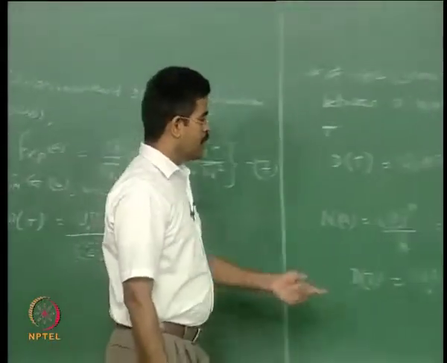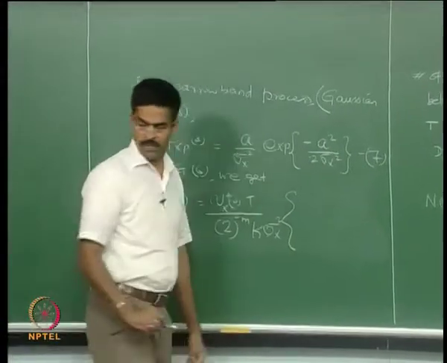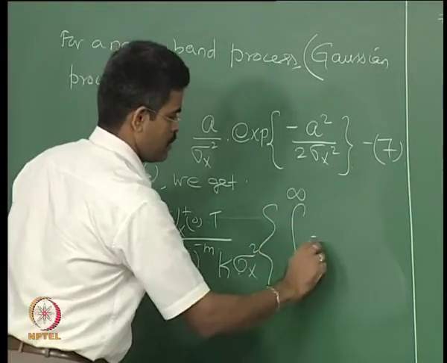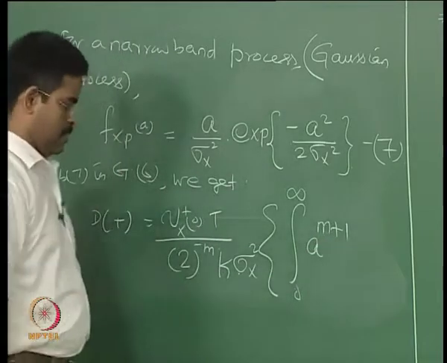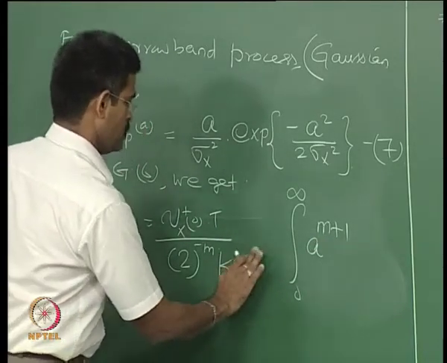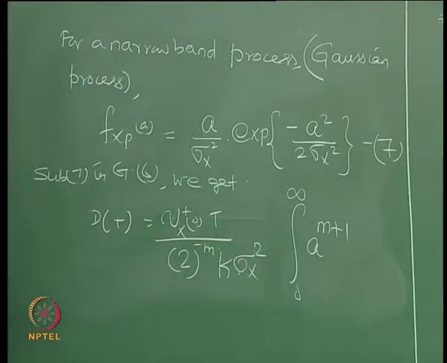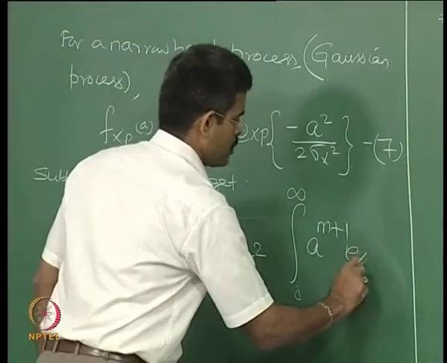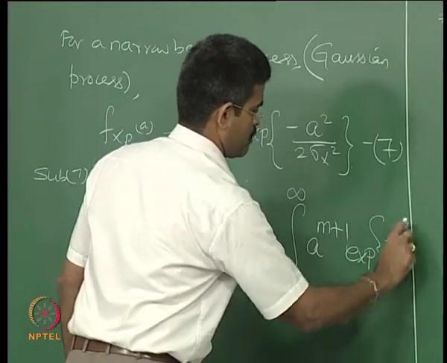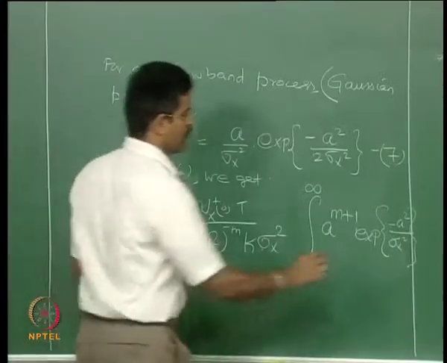Now, I have A power m and A, I put it inside, exponential minus A square by sigma_x square, dA.